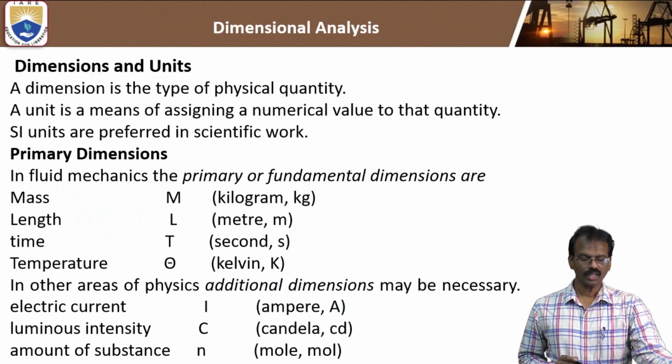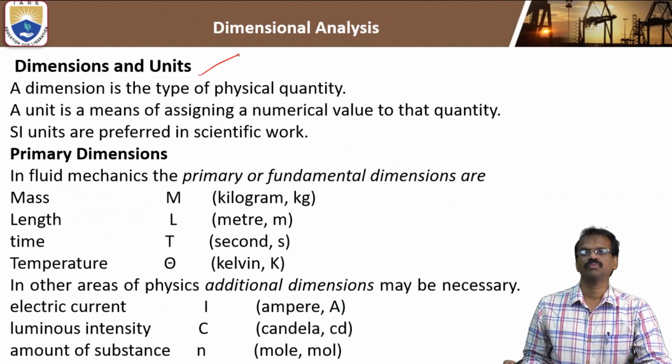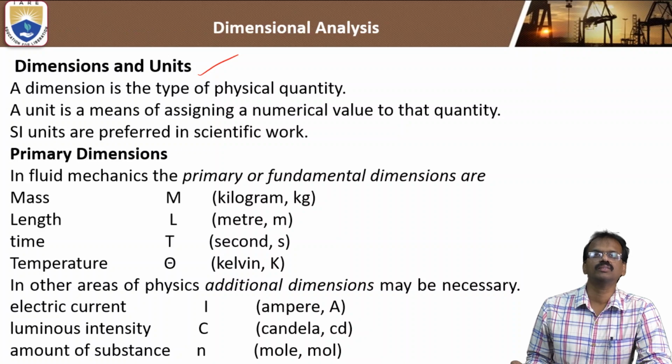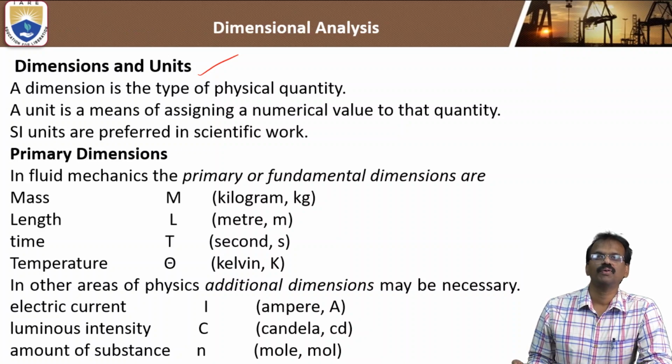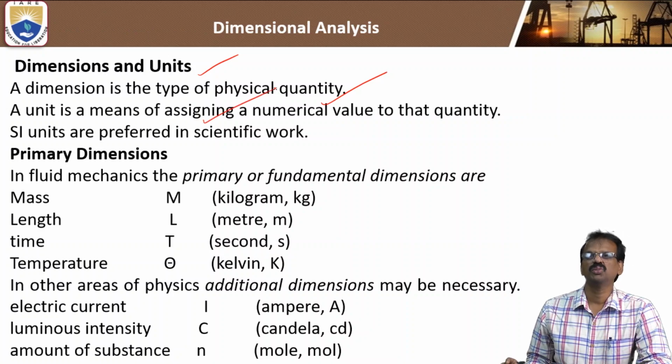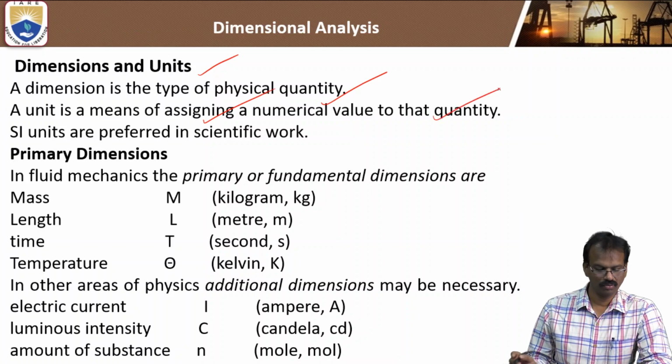So, dimensions and units. First of all, we'll see some basics related to dimensional analysis. A dimension is a type of physical quantity. A unit is a means of assigning a numerical value to that quantity. We know this.